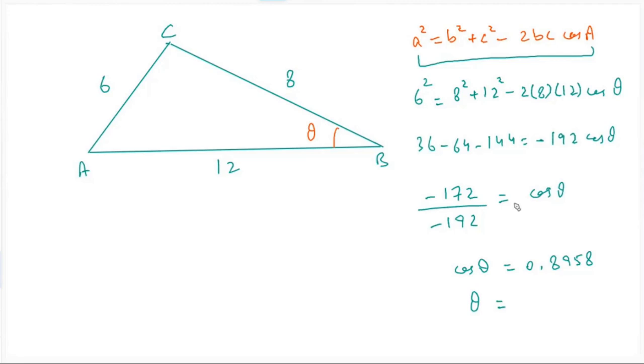Cos inverse of 0.8958. So I'm getting 26.4 degrees. That's the angle, that's the value of theta there. Okay? I hope this makes sense to everyone.